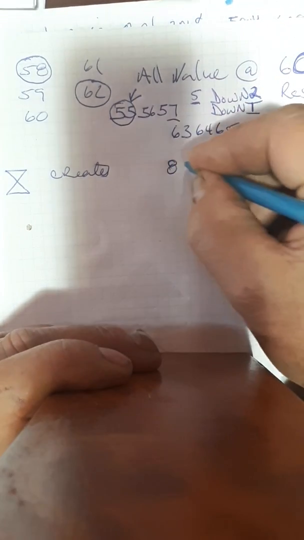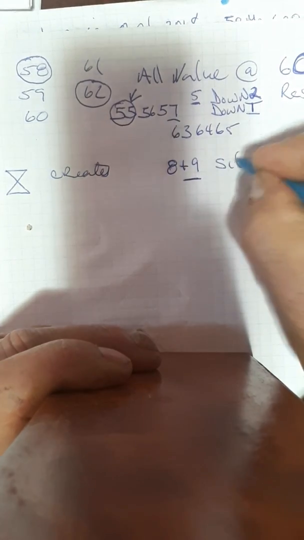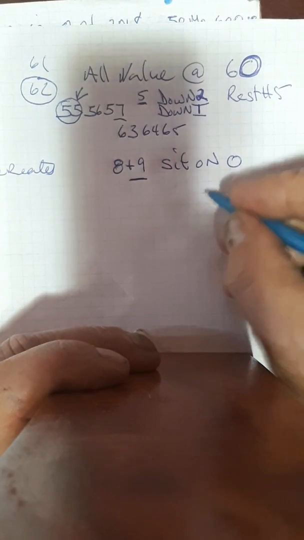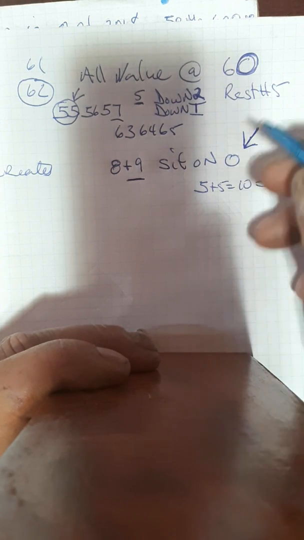Now in the next scenario, 8 and 9 will sit on 0. When you're going 5 and 5 equals 10 equals 1, but in Baccarat, 5 and 5 equals 0. The highest number is 9, 10 is 0, 1 is 1. So it's telling us a story.